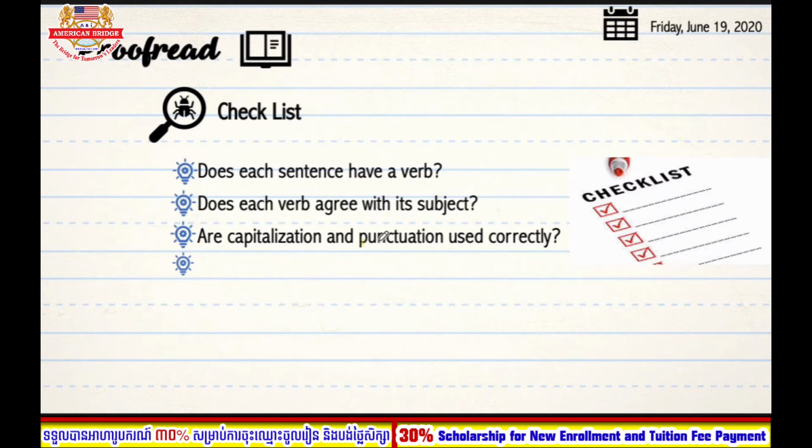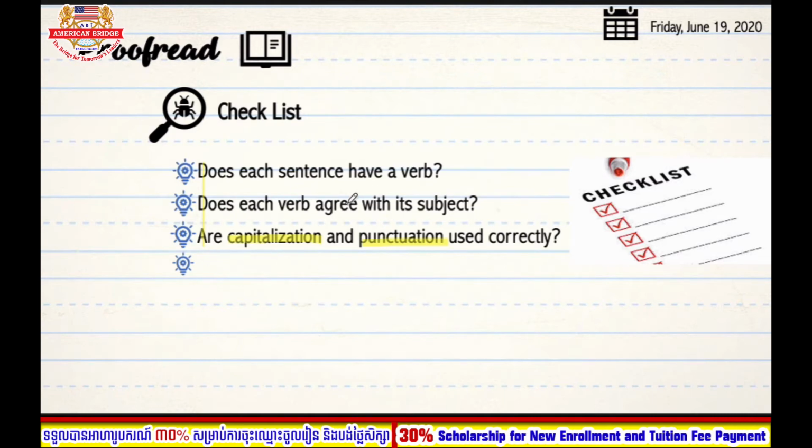If you ask a question, the punctuation that you need to use must be a question mark, right? So when to use a capital letter: it is the first letter of your sentence, and you need to capitalize the names of people or places. Okay, make sure you double check this point.